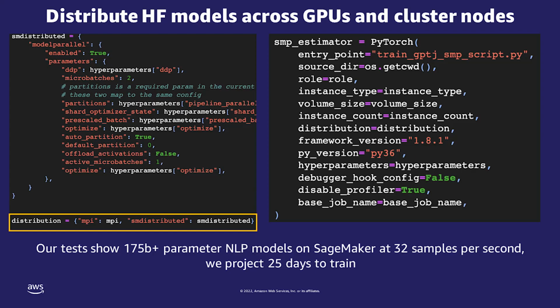And so we recently completed a test with a 175 billion parameter NLP model on SageMaker. We scaled this on 125 machines. We saw 32 samples per second. So we were able to deliver that for 175 billion parameters. And we projected if we scaled that up to 240 P4 instances, that would take 25 days to train.